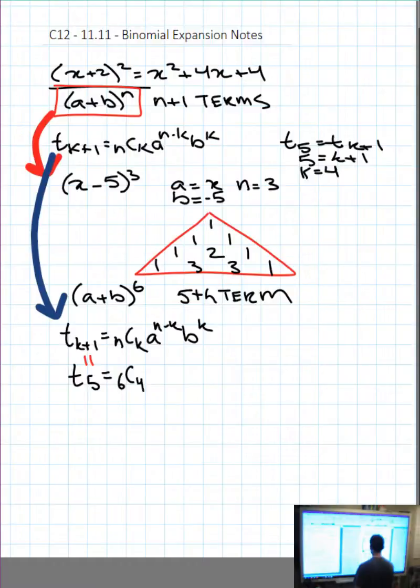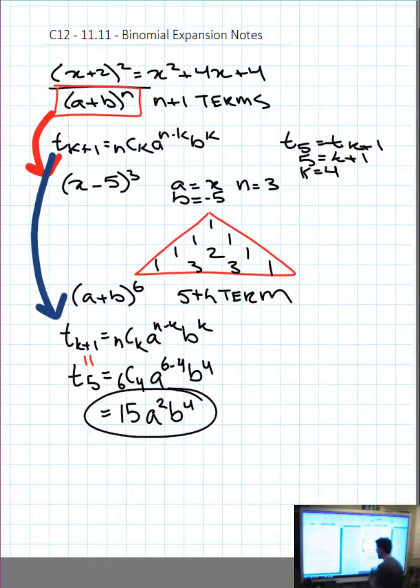A is a from our example: n, 6, minus k, 4. B to the k, 4. And I can clean that up. 6C4 is 15. A, 6 minus 4 is 2. B to the 4. And without expanding it like I have in the table, I have simply found a term in the future.